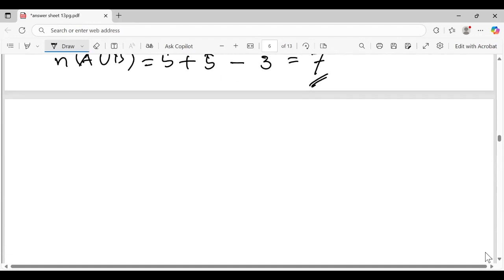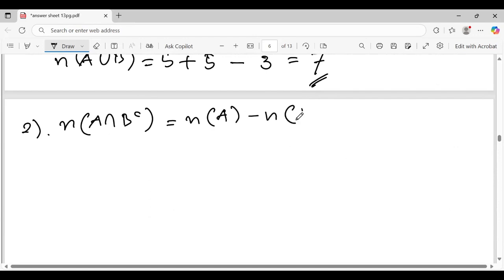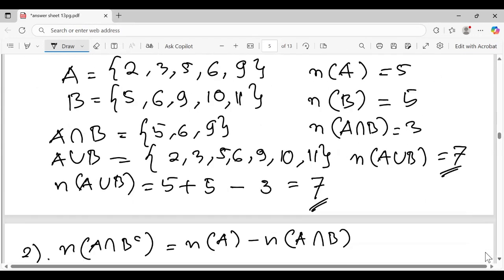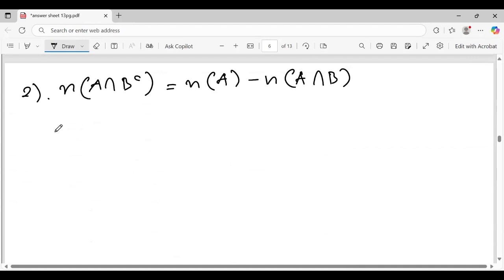And the second equation is about n of A intersection B complement. The number of elements of A intersection B complement equals n of A minus n of A intersection B. If you evaluate this information, you can determine B complement. B complement elements are 2 and 3, so n of B complement equals 2.